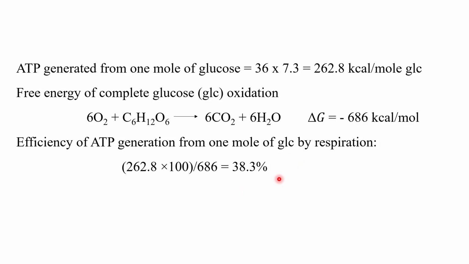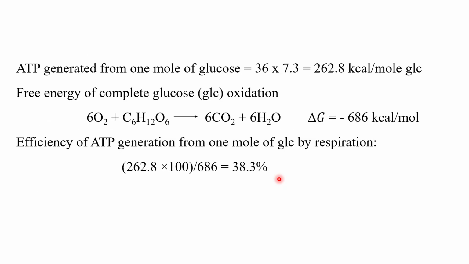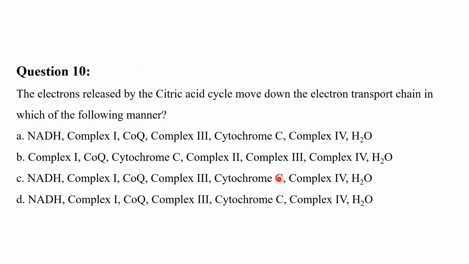That means the efficiency of ATP generation is 38.3%. Clear? So the answer is option B, approximately 38%. I hope this is clear.